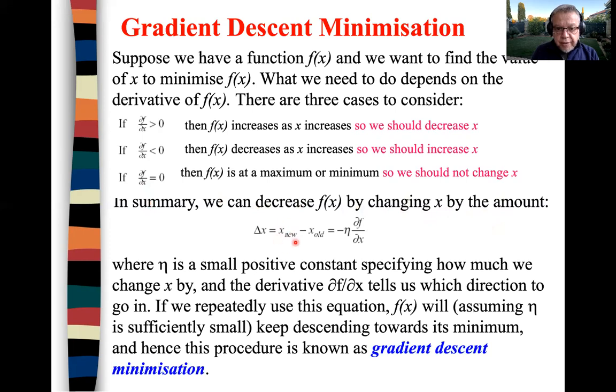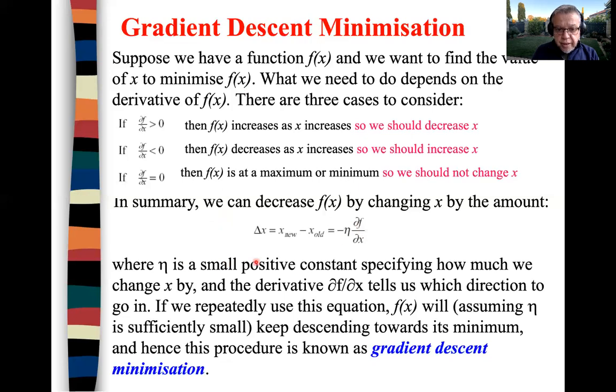In summary, we can decrease f of x by changing x by this amount, delta x, which is x new minus x old, equal to minus eta times this gradient value. This is how we should move along x to reach the minimum, to minimize f of x.